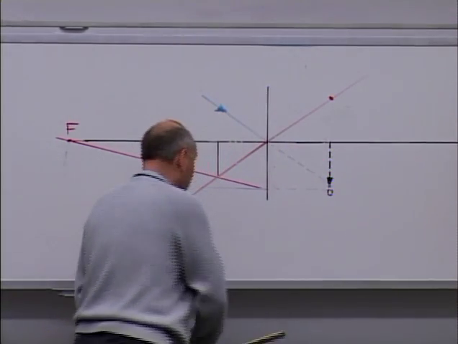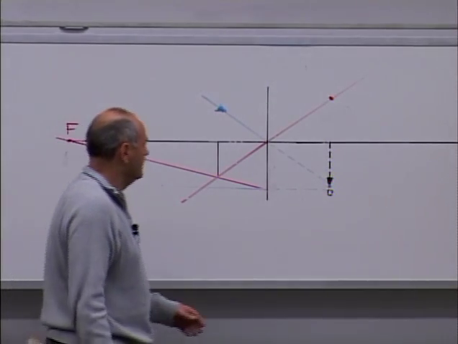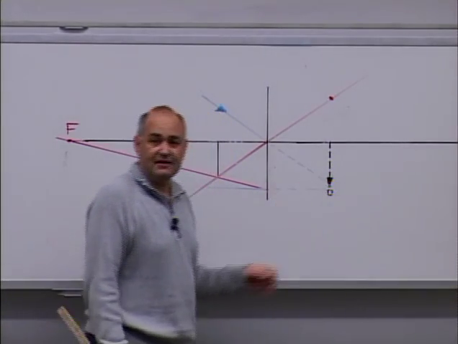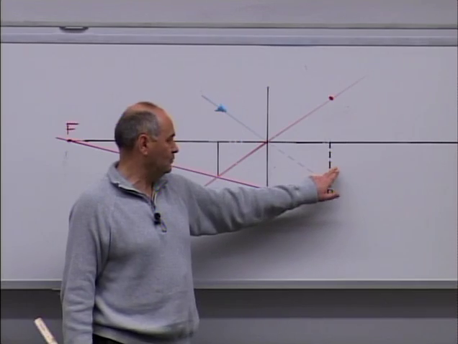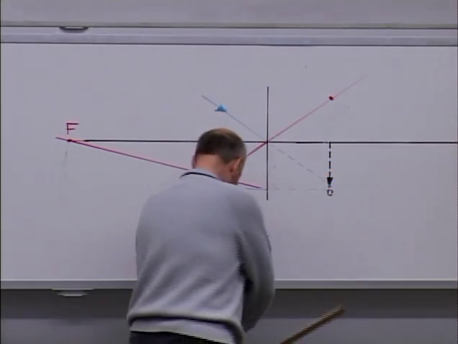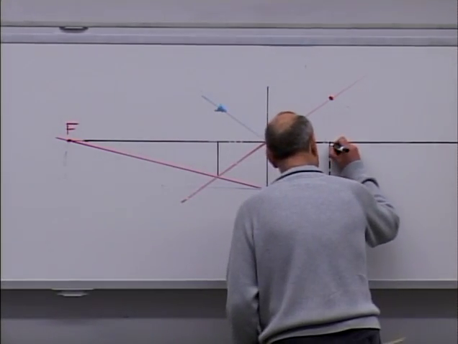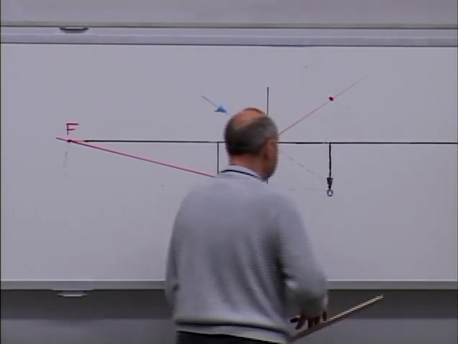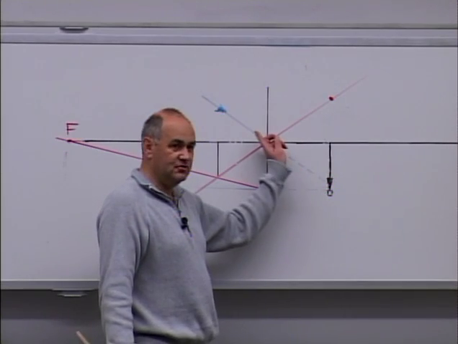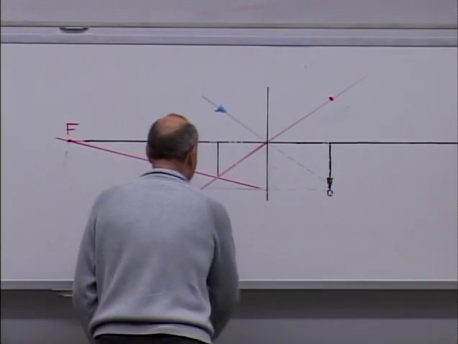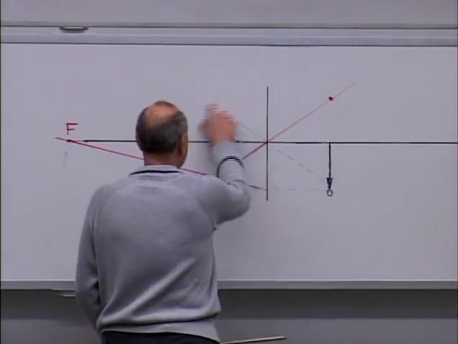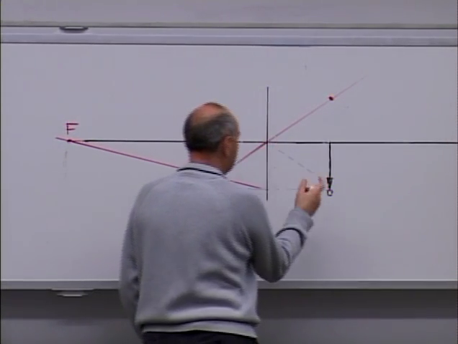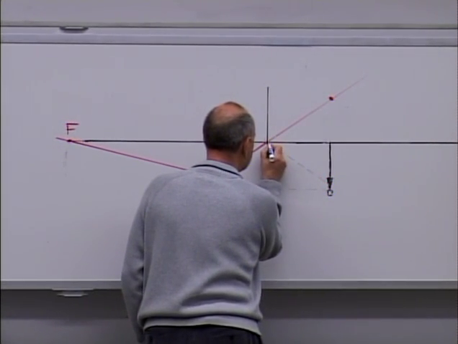All right, so Robert asked how the diagram would be different if we had a real object here. Well, if we had a real object here, it means that the light will be traveling the other way. So now, this would be wrong here. Here it would be a continuous line.